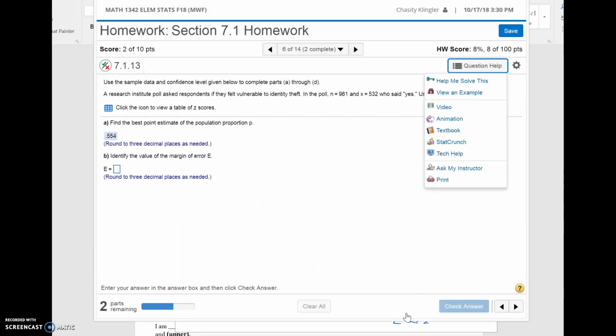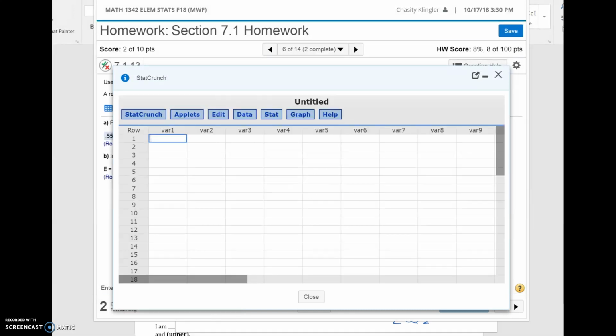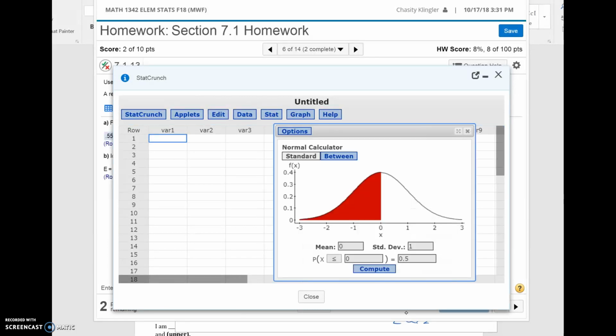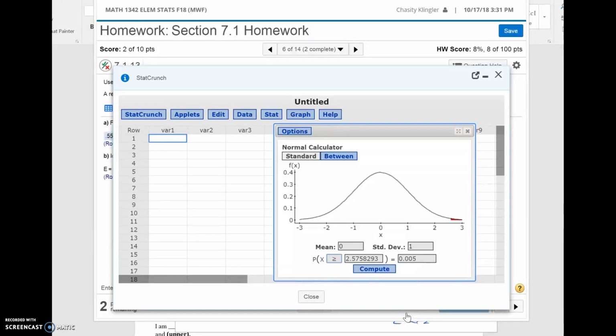So in StatCrunch, you're going to do Stat, Calc, Normal, leave it at 0 and 1, and you're going to change that to 0.005, and we want to change that to greater than, and compute.